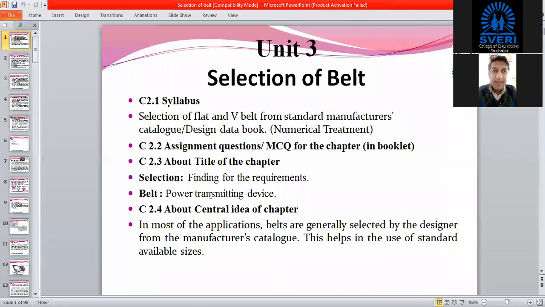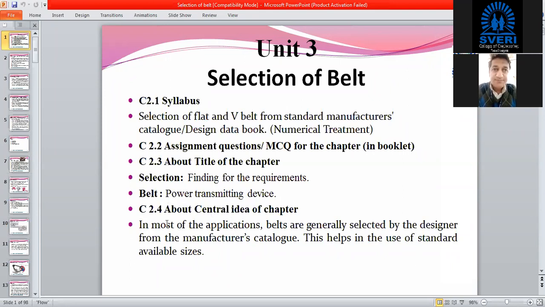Then, belt is nothing but a device which transmits power. We all know it. This word we have used in applied mechanics and other prerequisites which you have learned.